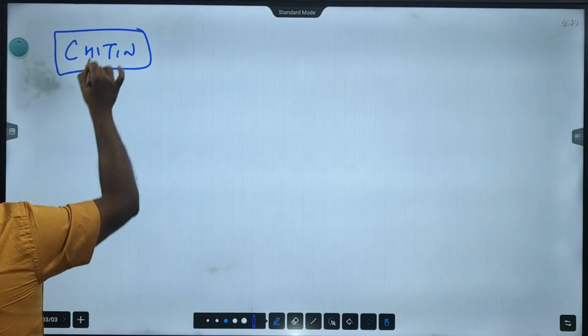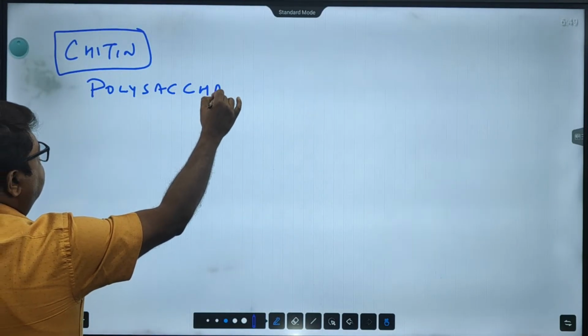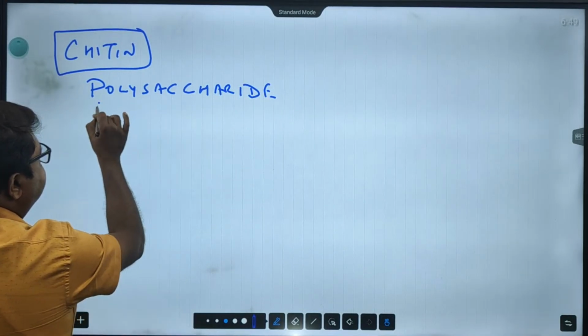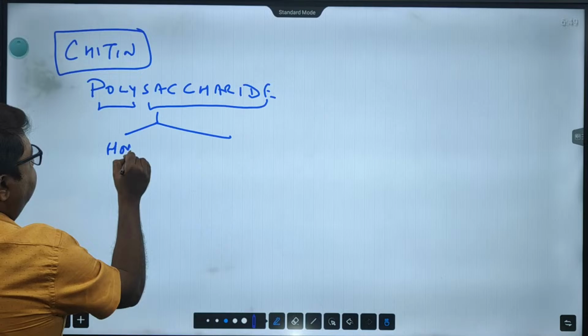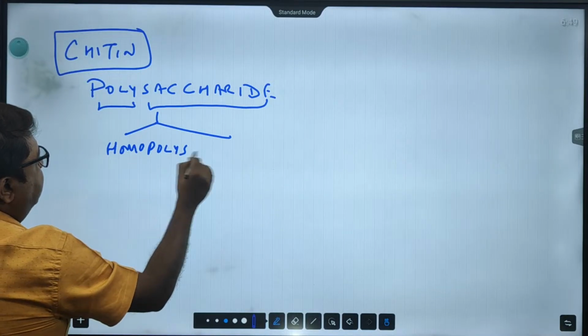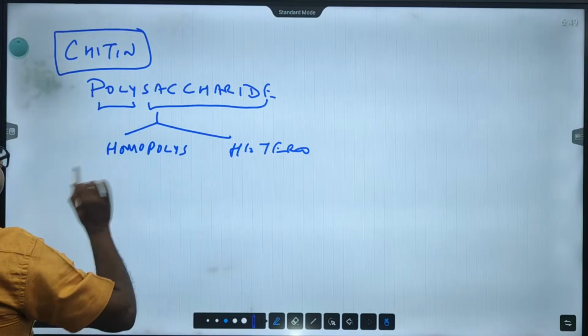And what is chitin? It's a polysaccharide. What is the meaning of the term poly? Poly means many, saccharide means sugar. So polysaccharides can be of two types: homopolysaccharide and heteropolysaccharide.